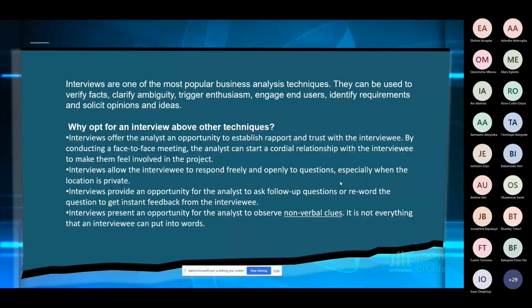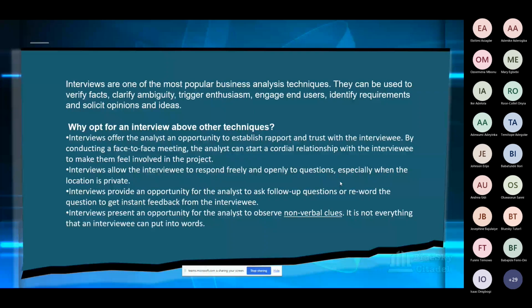Some of you might see some of the mistakes you made tonight, and some of you will avoid those mistakes, so you go into the meeting with more understanding. So these are some of the reasons why you should opt for an interview technique above others.